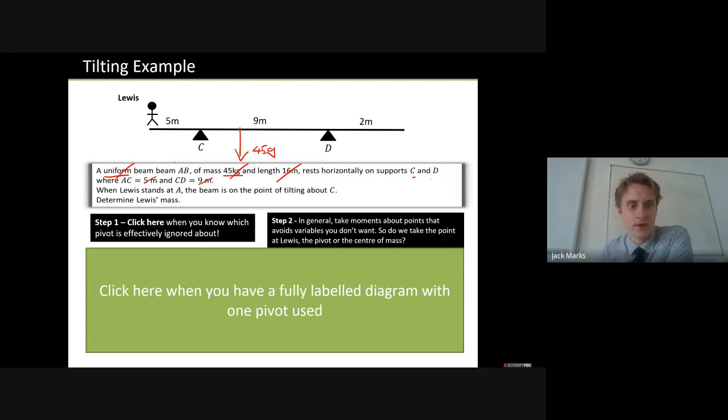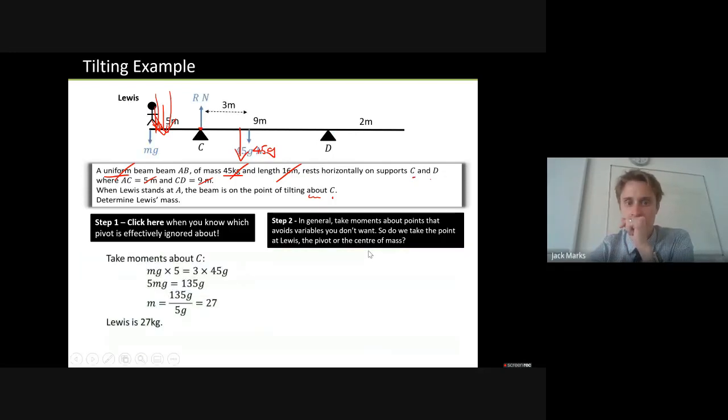When he stands on A, the beam is on the point of tilting about C. Well, think about it. Put the pressure on this end here. What's going to happen? That will stay in contact, and this one's going to disappear, isn't it? So you're going to be left with a situation like this.